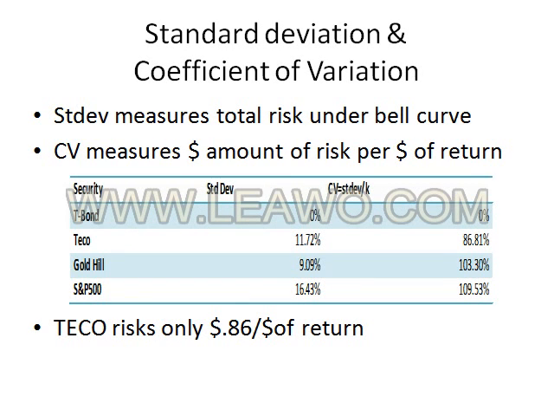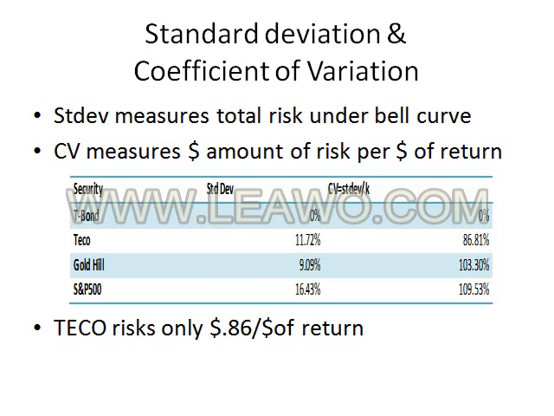Standard deviation and coefficient of variation. Standard deviation is a measure of total risk under the bell curve or a normal distribution. Coefficient of variation measures the dollar amount of risk per dollar of return.